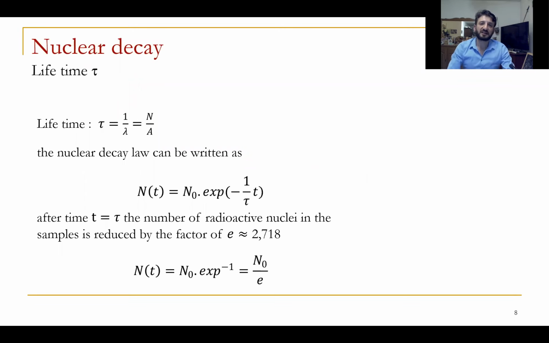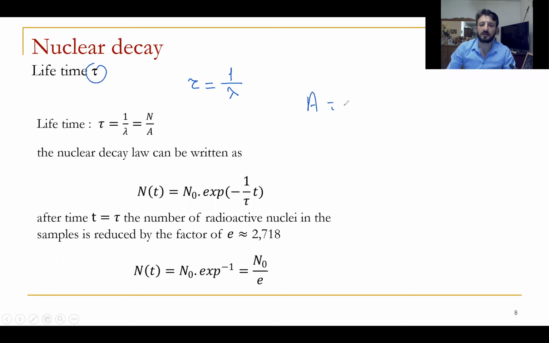Okay, the second property, we have to find the lifetime tau. In general, lifetime tau equals 1 over lambda. Okay, tau equals 1 over lambda. You have to know this relation.